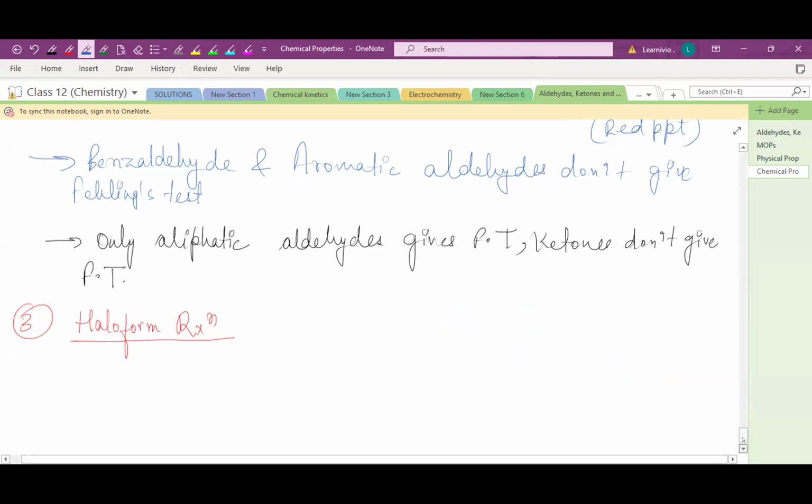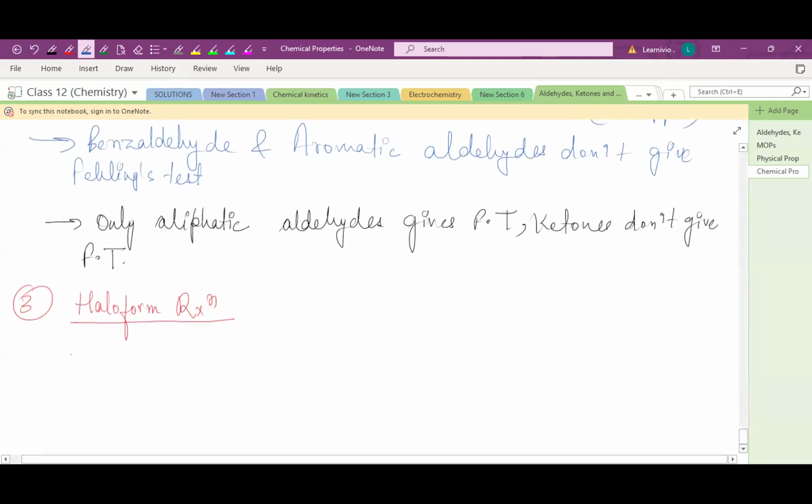Suppose we take the carbonyl compound CH3CHO. Both the aldehyde group as well as the ketone group can give this haloform test.